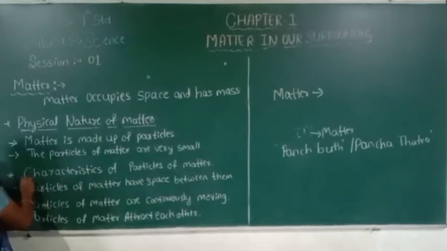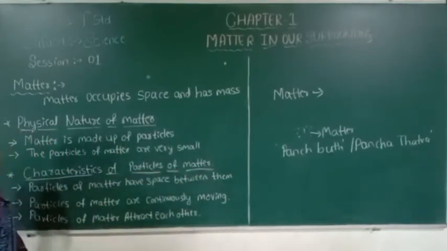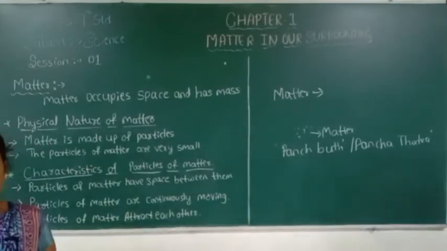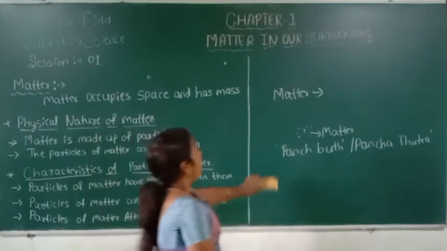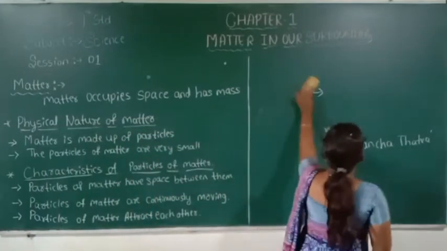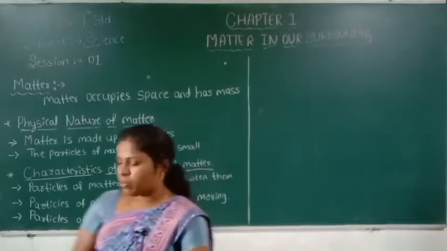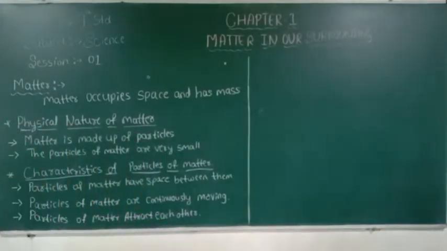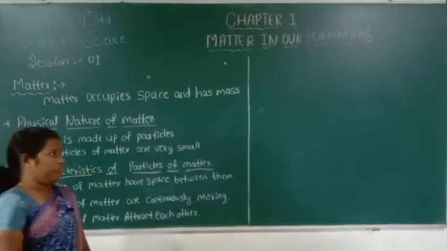So now the characteristics of particles of matter. Now we discuss the particles of matter. The first property of matter is that particles of matter have space between them.